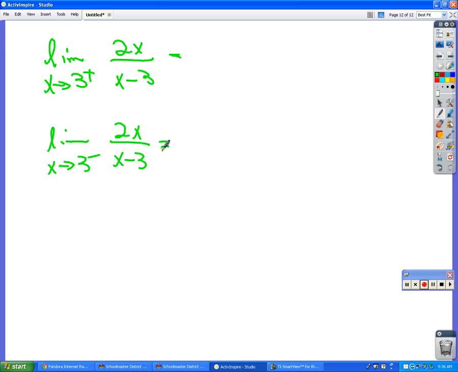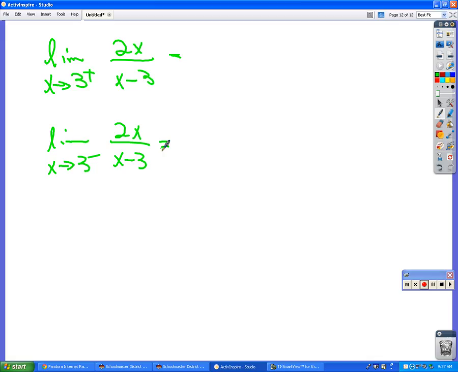All right, so let's take a look at a couple of one-sided limits. So we got a couple different ways that we can solve these. We're going to try and find the limit as x approaches 3 from the positive side of 2x over x minus 3. We can go table, or we can go graph.